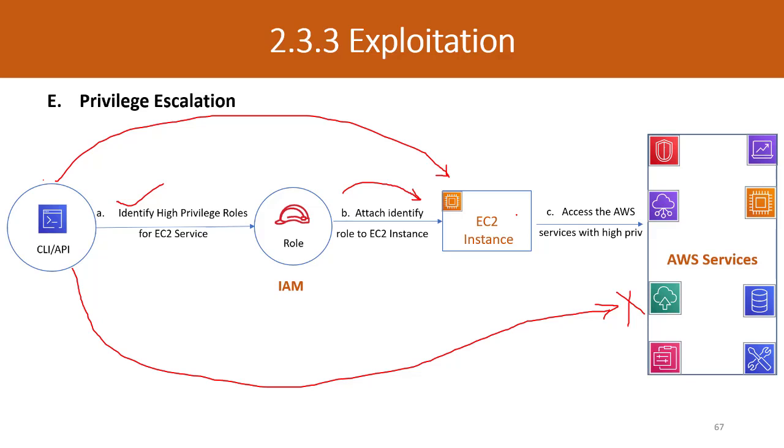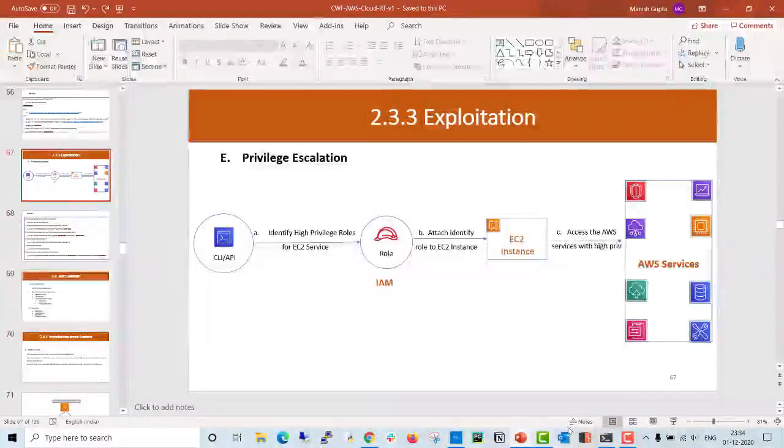So let's practically demonstrate how we can do that. You can see here I already configured the user which I compromised. I already configured the CLI access key and credentials. Let's check what user rights I have.